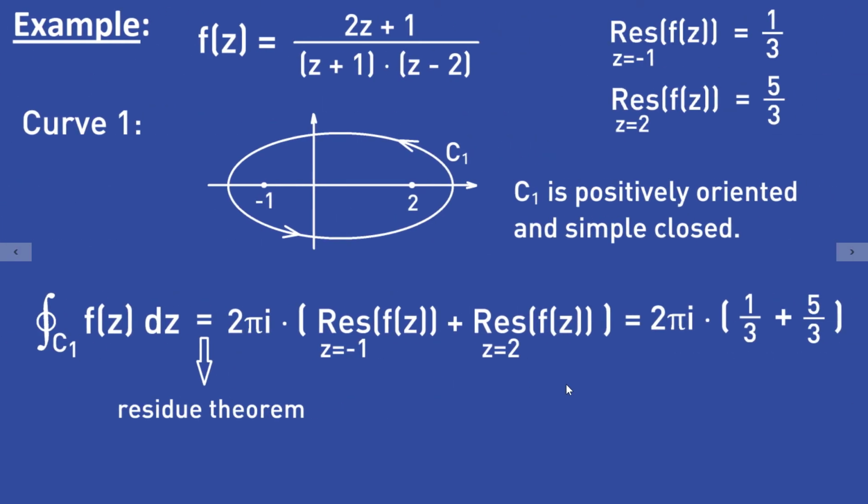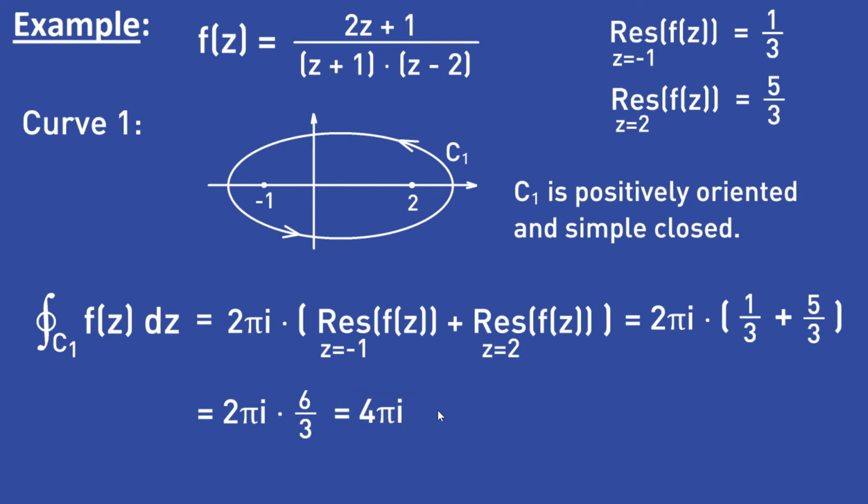And this is equal to 2 pi i times (1/3 plus 5/3). And this is equal to 2 pi i times 6/3, which is equal to 4 pi i. So the integral of f along the curve C1 is equal to 4 pi i.